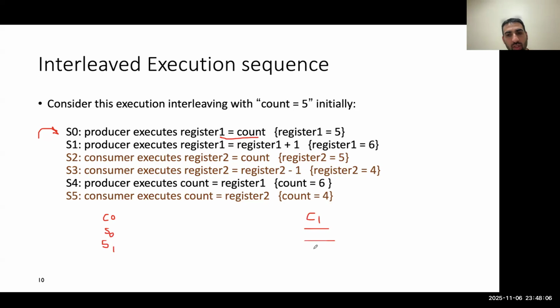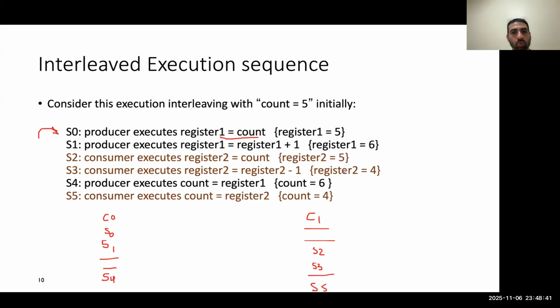And then the consumer runs S2 and S3, and maybe while the consumer is running steps 2 and 3, the producer is context switched with some other process, and then it comes back and runs S4. And when it is running S4, maybe the consumer is context switched out by some other process, and then it comes back and runs S5, right?